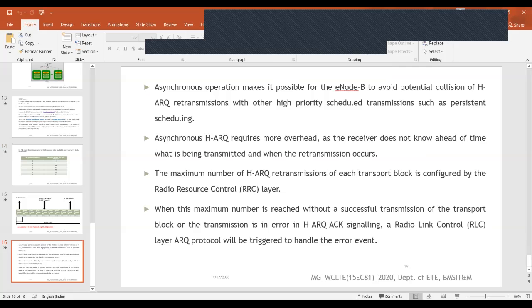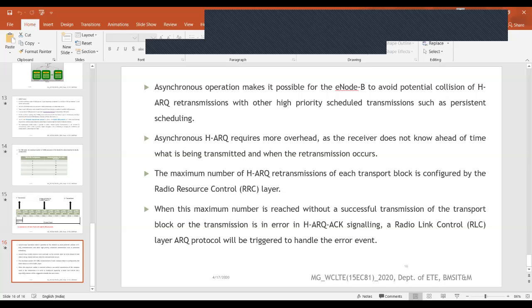And when the maximum number of hybrid ARQ retransmissions is reached, if it is not a successful transmission of the transport block or the transmission is in error, then it will be handed over to the ARQ, that is the radio link control layer. The ARQ protocol will be triggered to handle this error event.